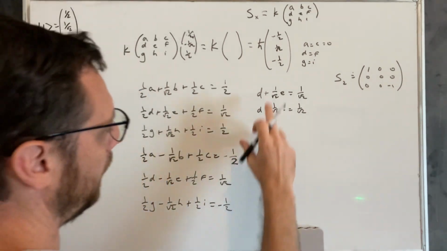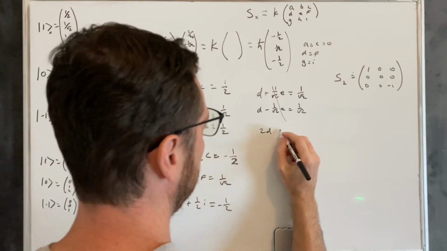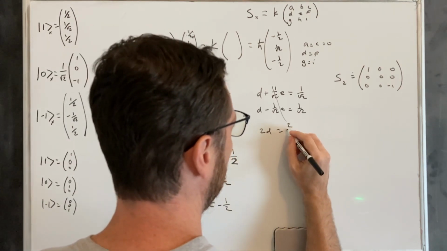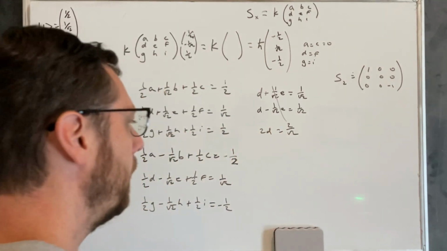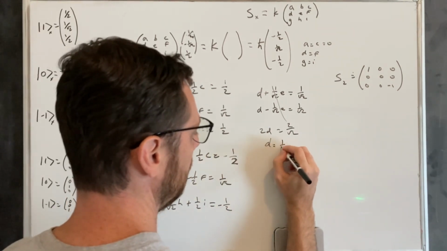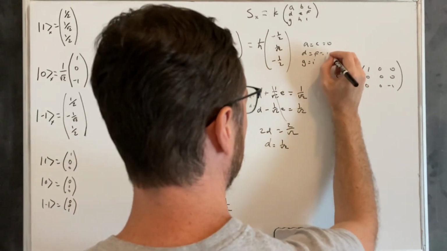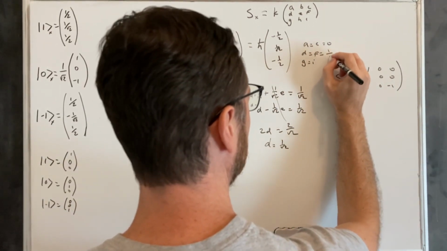Okay, so we're going to add these two together. So we'll have 2D. These cancel out, and we'll have 2 over root 2. And then D is going to be equal to 1 over root 2. And D and F are the same. So D and F are both equal to 1 over root 2.